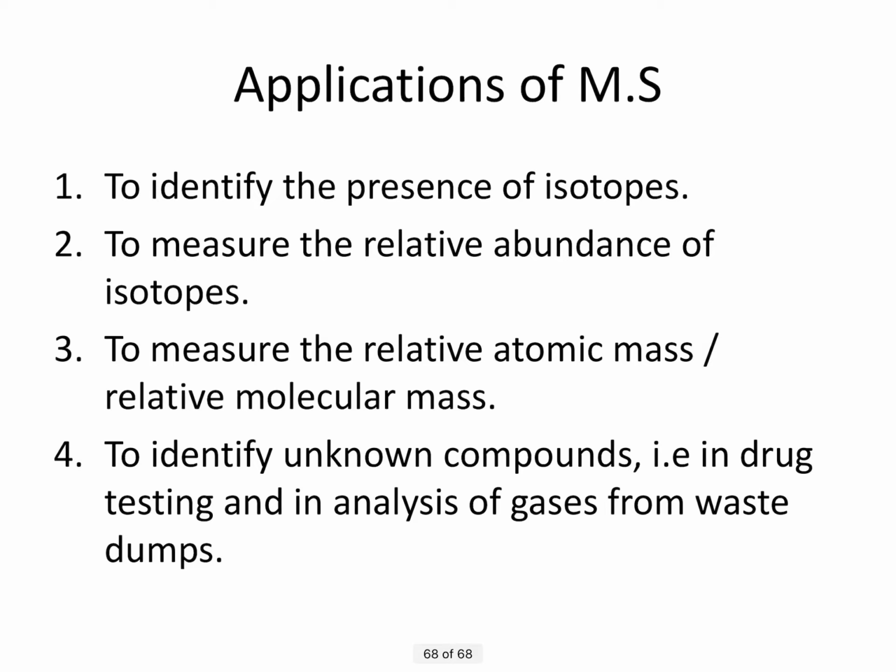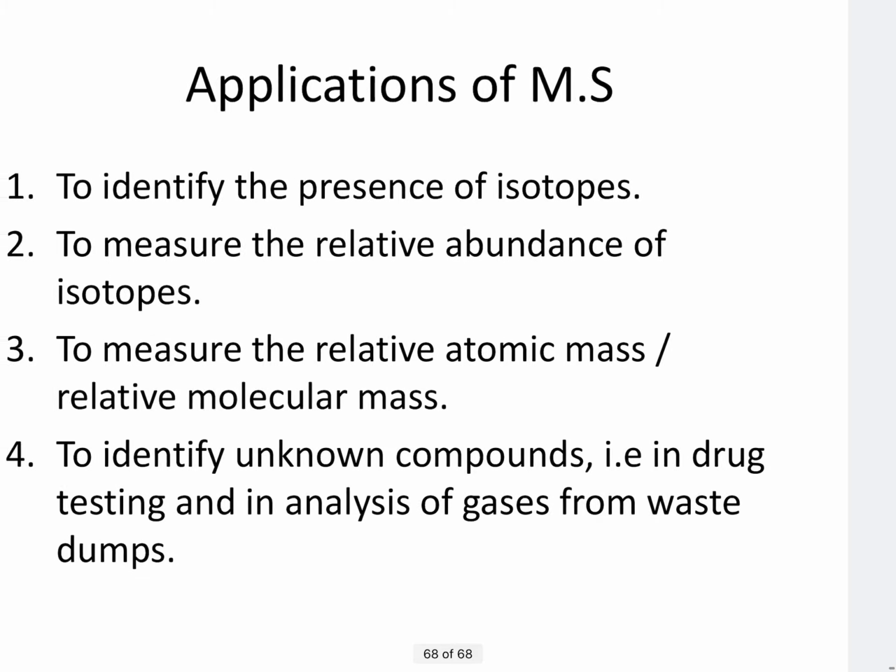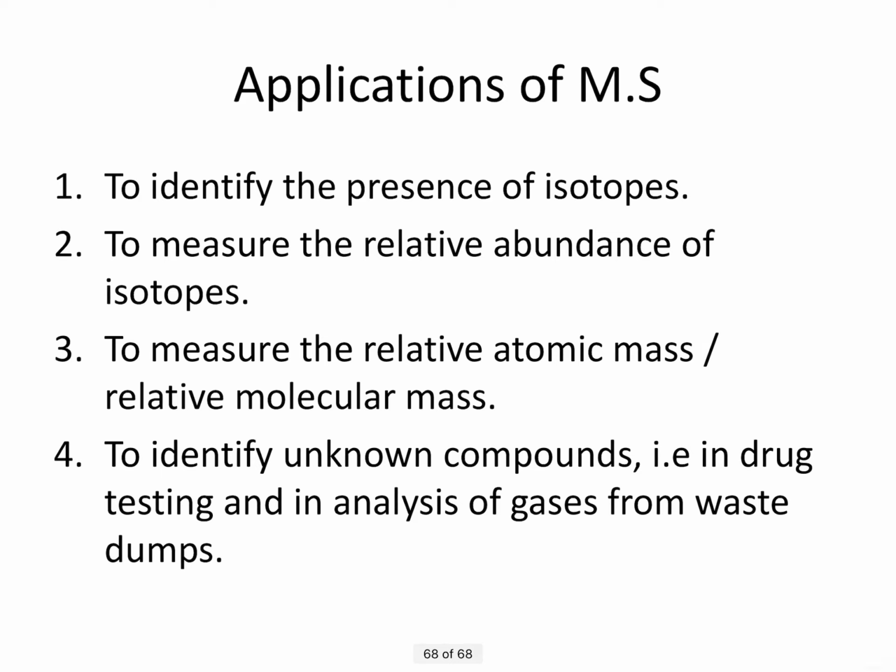And in college, you would be able to work out relative molecular masses. That's outside the realm of our course, but you could calculate relative molecular masses. And the fourth thing that you can use a mass spec for is to identify unknown compounds. So like if you were drug testing or analysing gases from waste dumps or something like that, you'd use the mass spec for that as well.